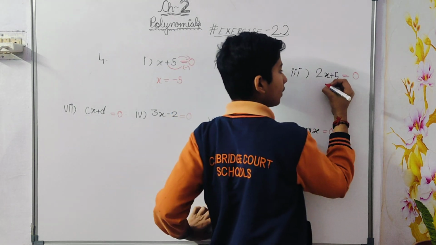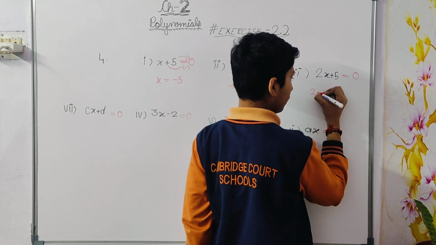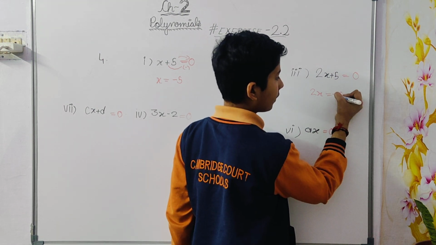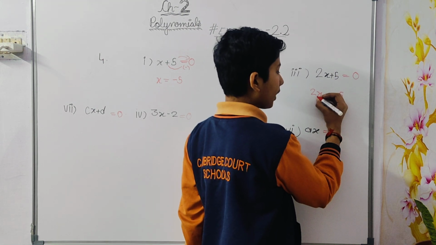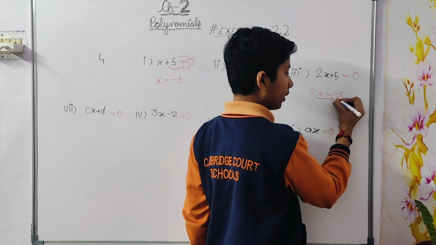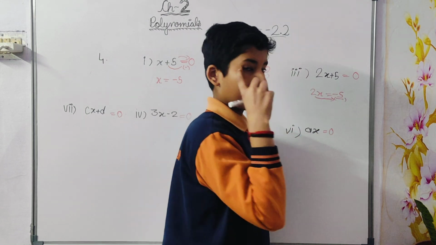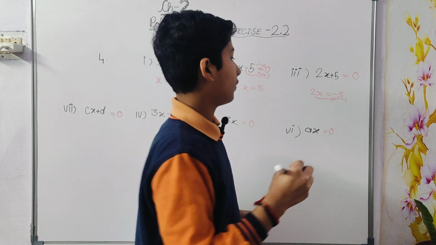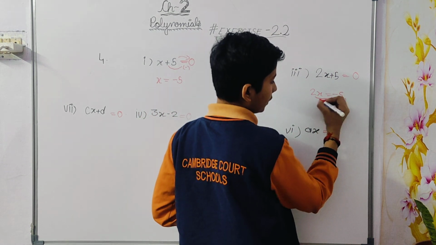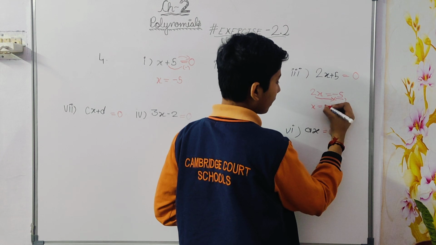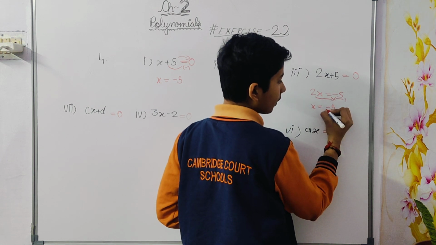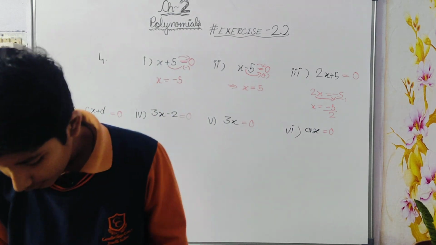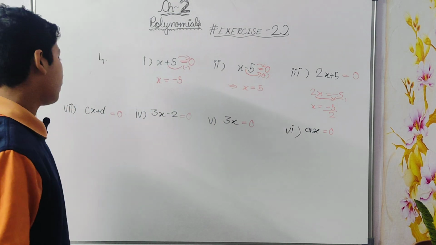Okay. Now 2x plus 5, same, the sign changes, equals to minus 5. Now 2x, this will go there, and this will be coming. This is what? This is slash. Slash is used for division. So 2x equals to minus 5. X equals to minus 5 divided by 2. Now I'll put the blue marker.